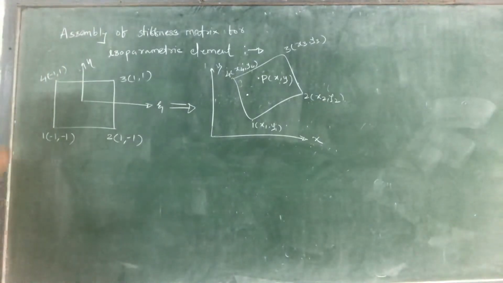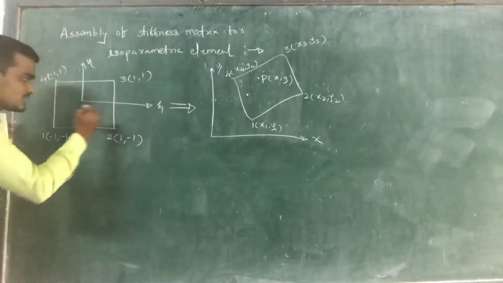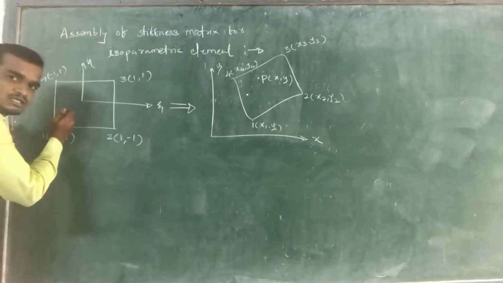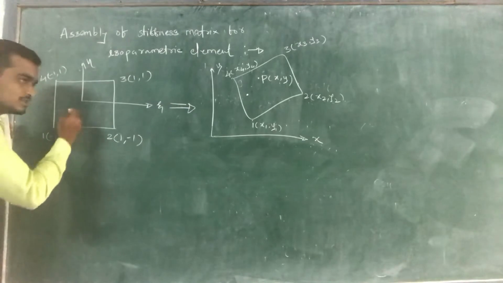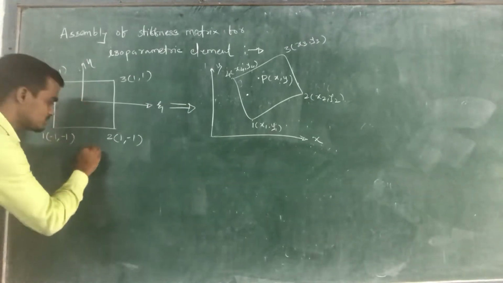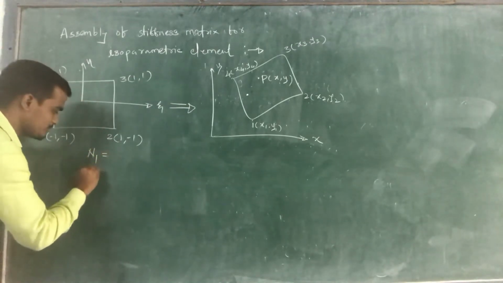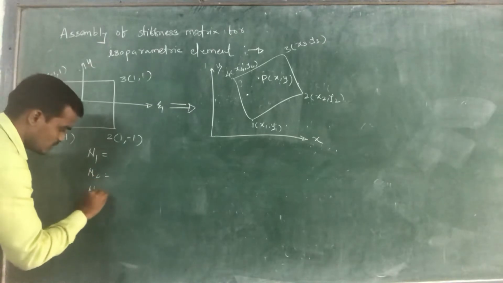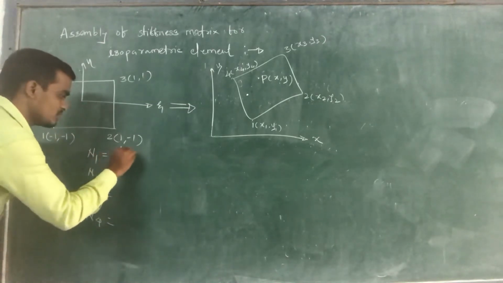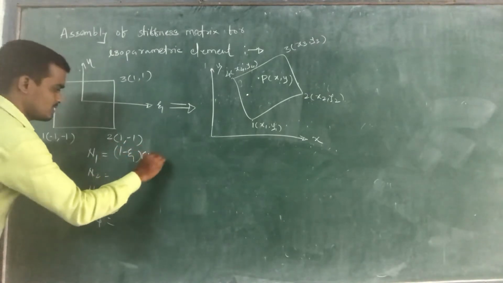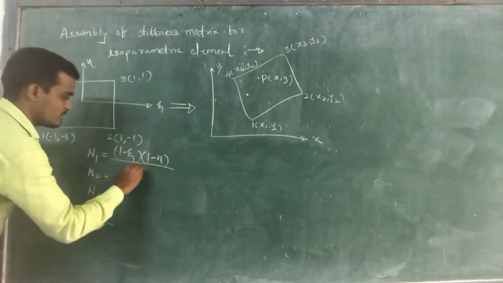As we have already studied, the shape functions for this natural coordinate system are N1, N2, N3, and N4. N1 is nothing but 1 minus zeta into 1 minus eta divided by 4.